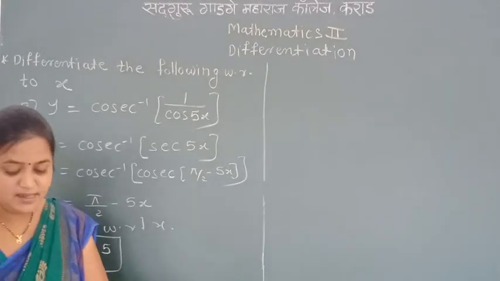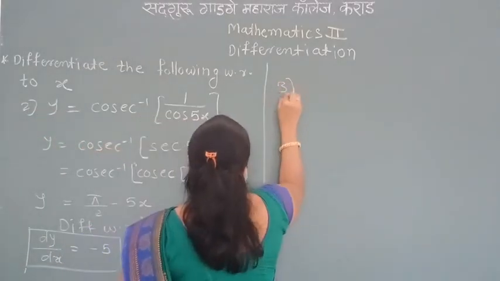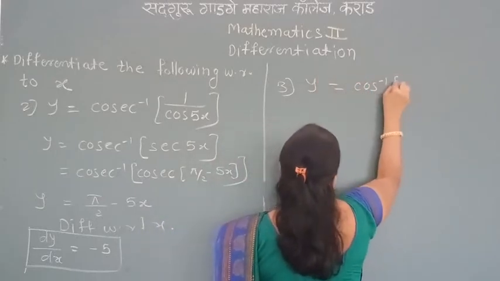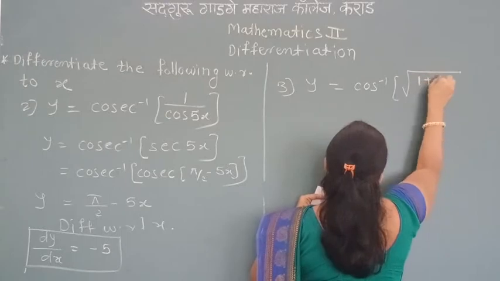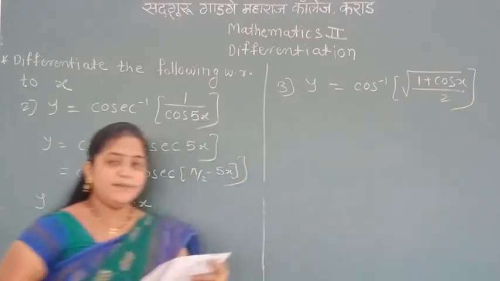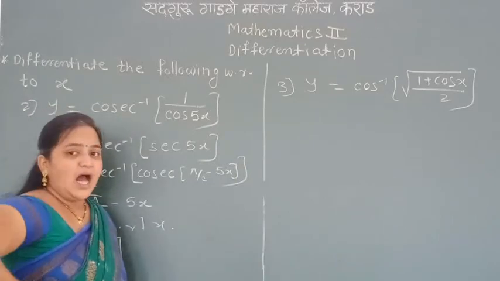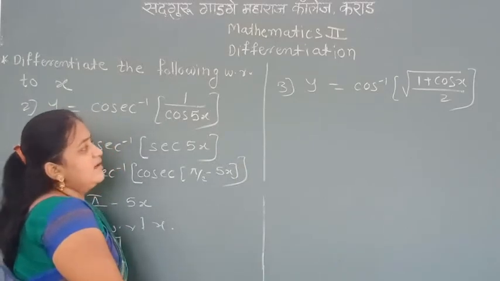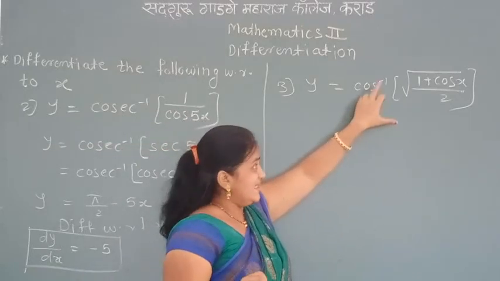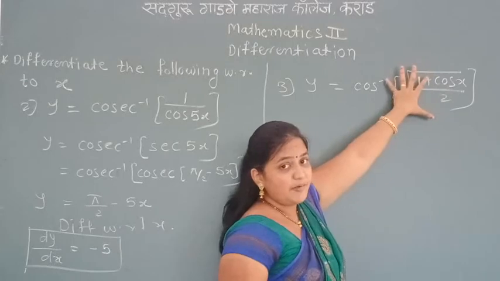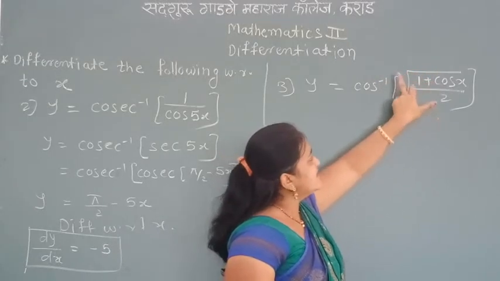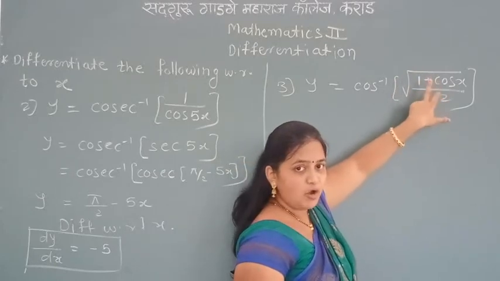Now next example, y is equal to cos inverse of square root of 1 plus cos x divided by 2. Now outside the bracket we have cos inverse. So your aim is that the term inside the bracket should be converted to either cos or sine.